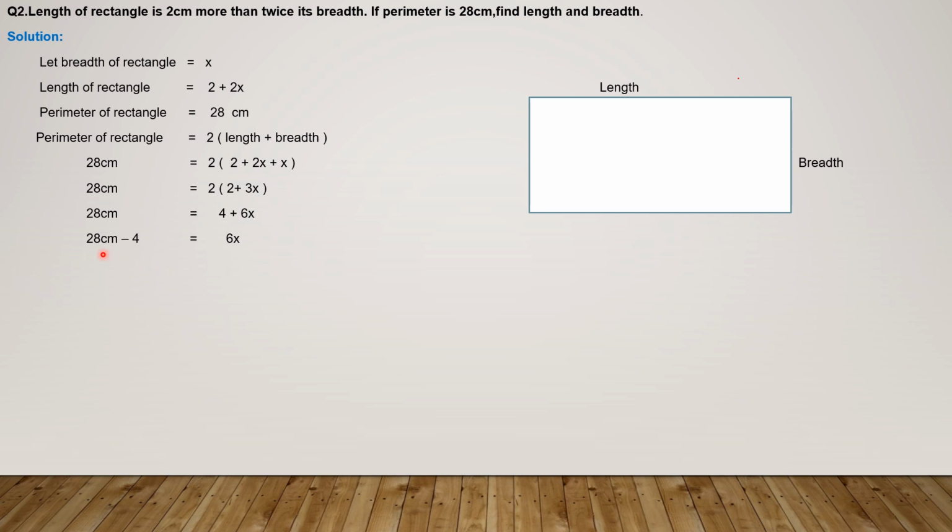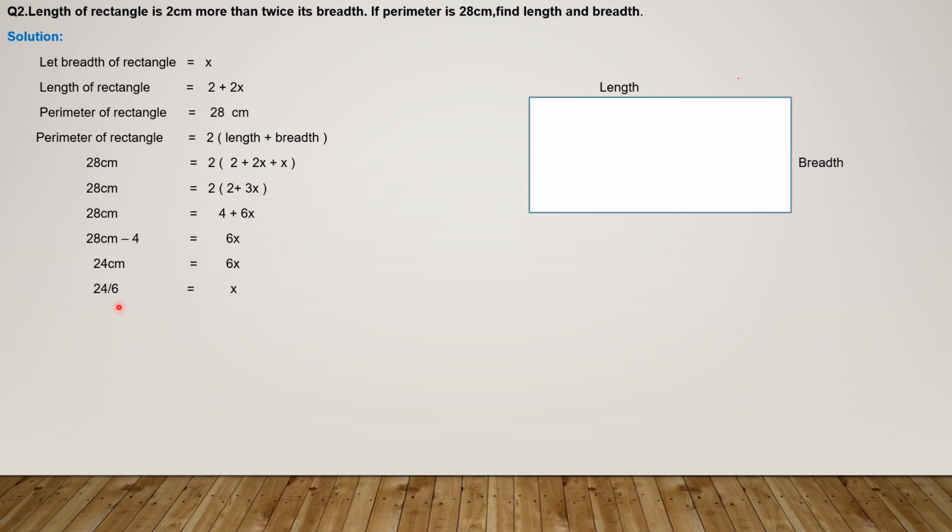Now simply subtract 4 from 28, we will get 24, and here on right side we will get 6x. Now since we need value of x, we don't want this 6 here, so we will move this 6 to the other side. Here 6 is multiplied with x. When we move it to the other side, it will be simply divided. 24 divided by 6 is equal to x.